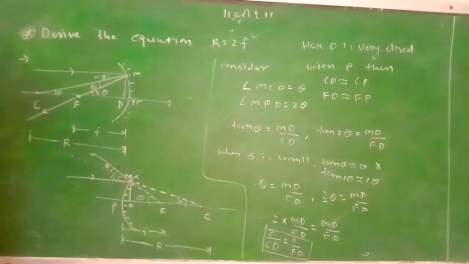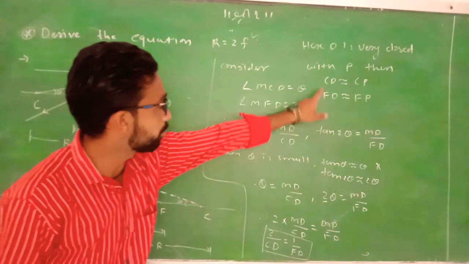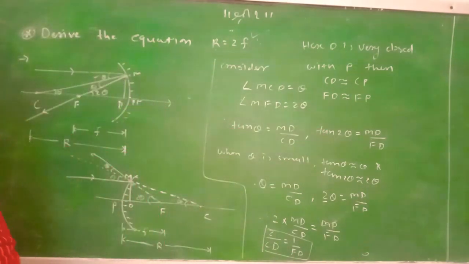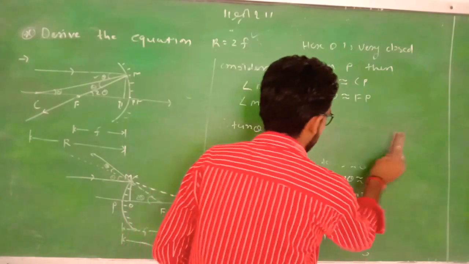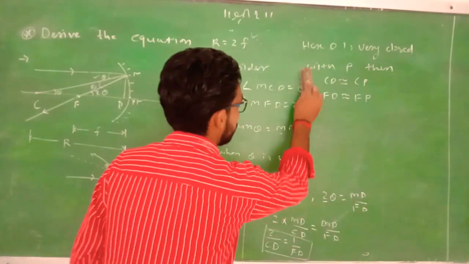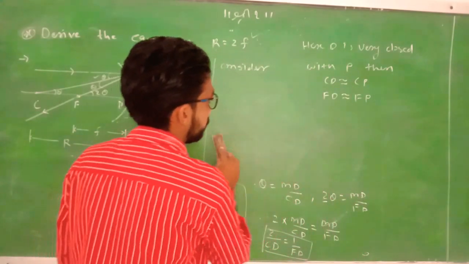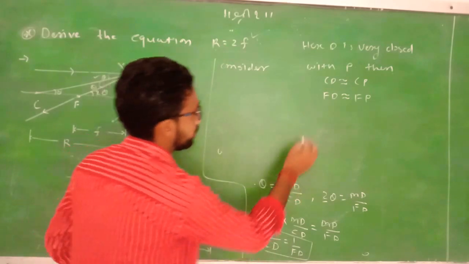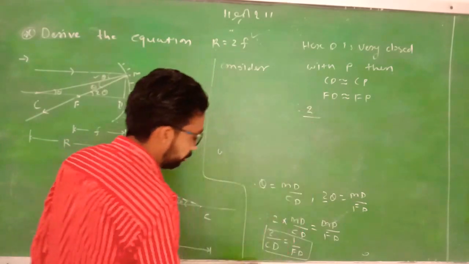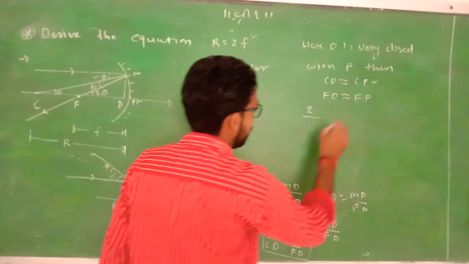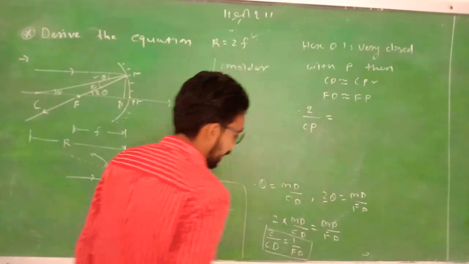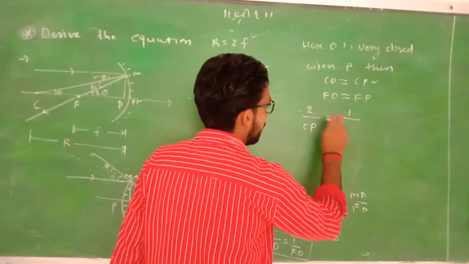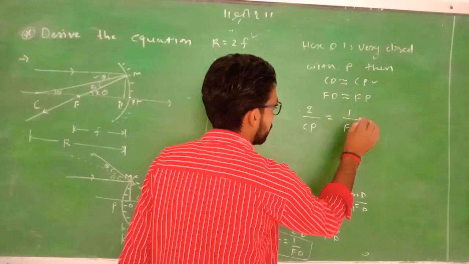So now put the values of CD and FD from these two equations. So now we have this equation, you can see here 2 by CD, and CD is equivalent to CP. Then 1 by FD, that is FP.